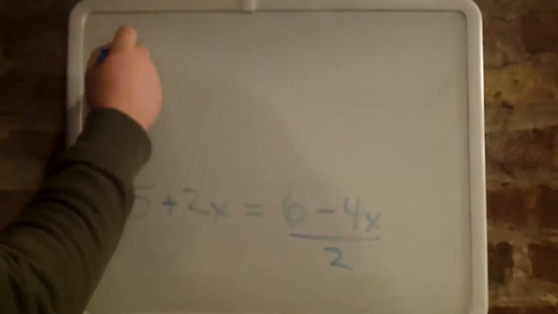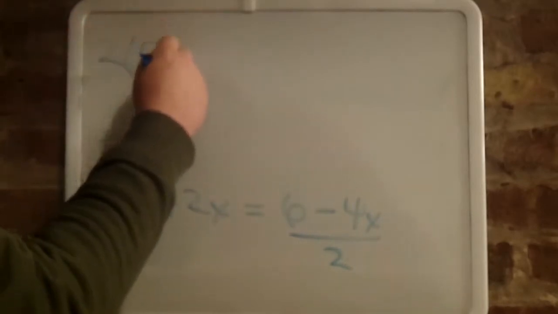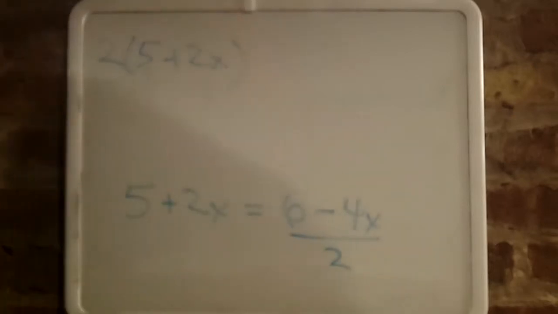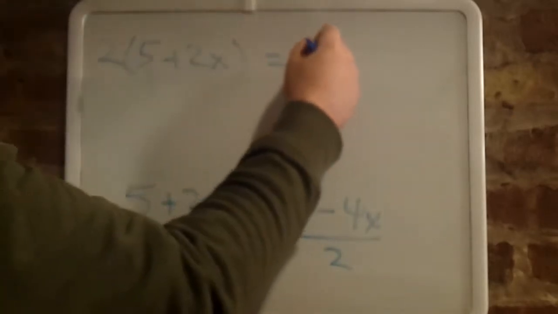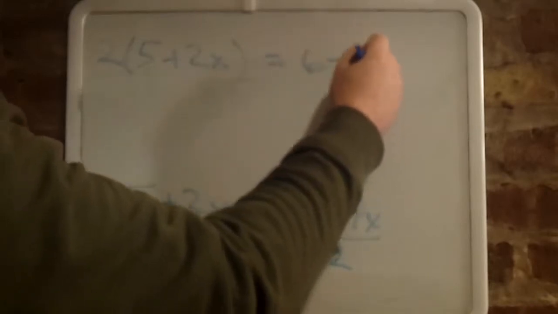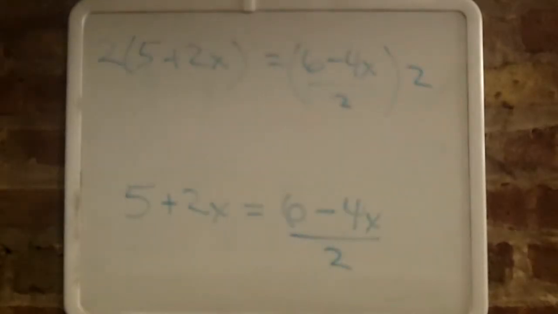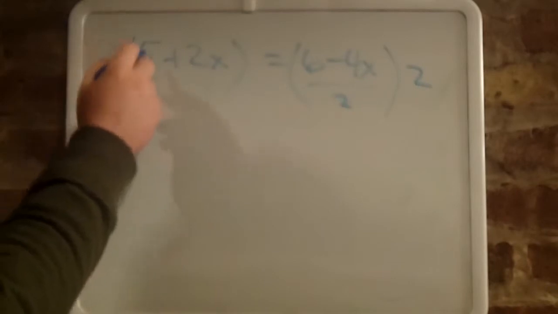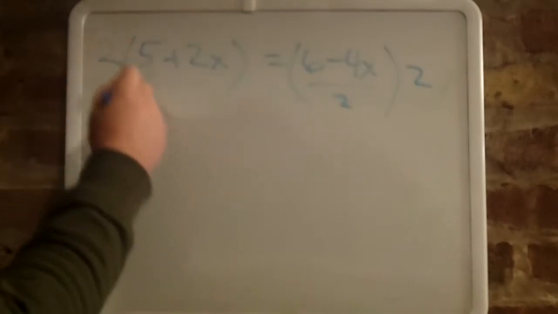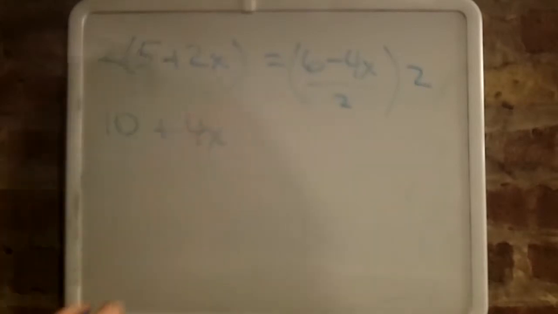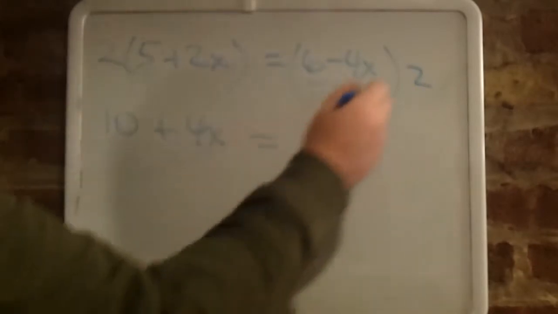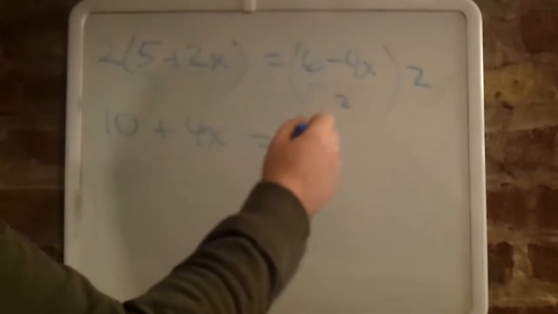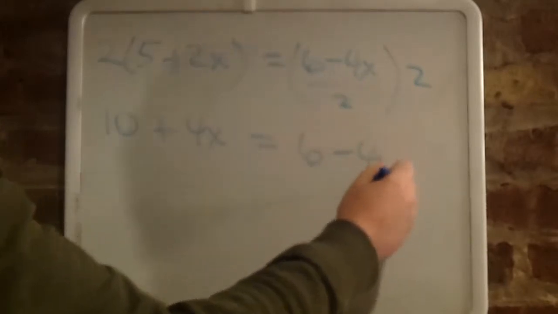So I multiply both sides of the equation by 2, like so. 2 times 5 is 10. 2 times 2x is 4x. 2 times 1/2 is 1, so we're just left with 6 minus 4x.